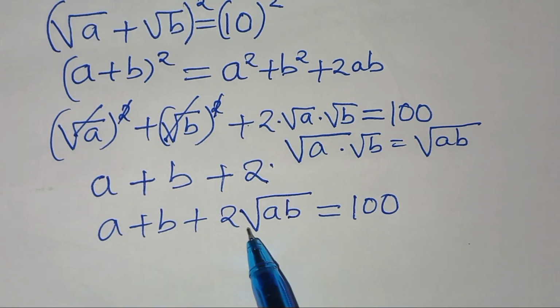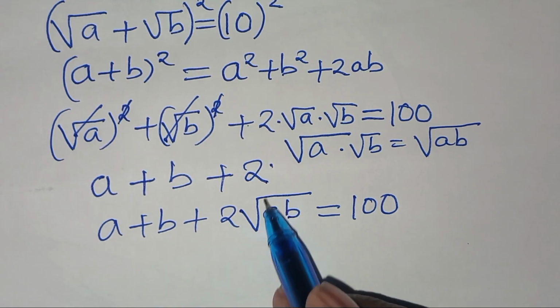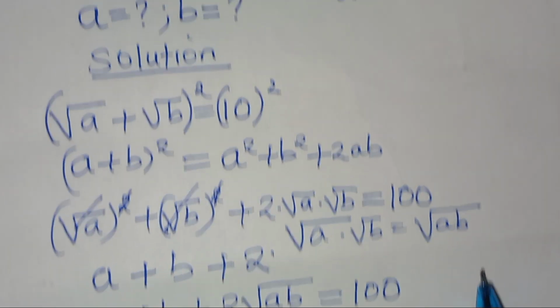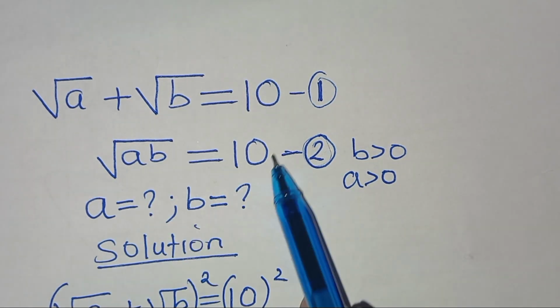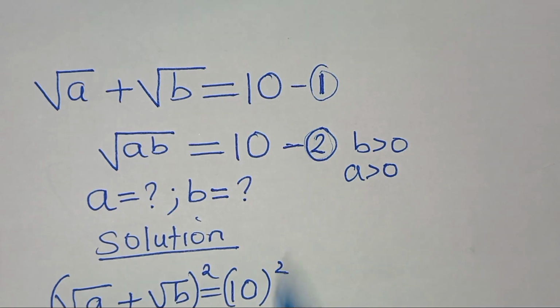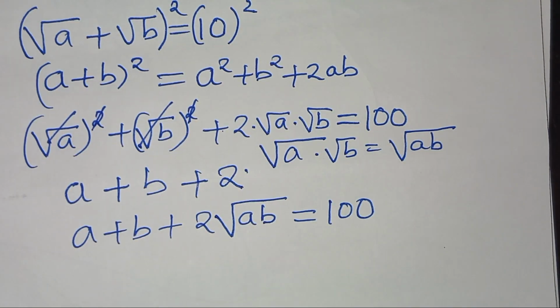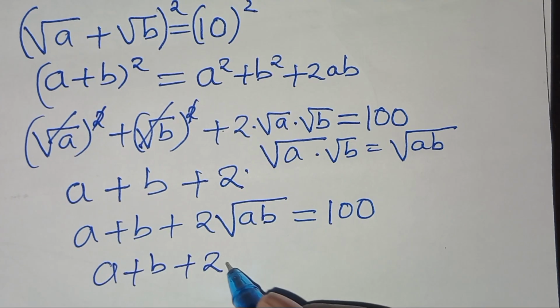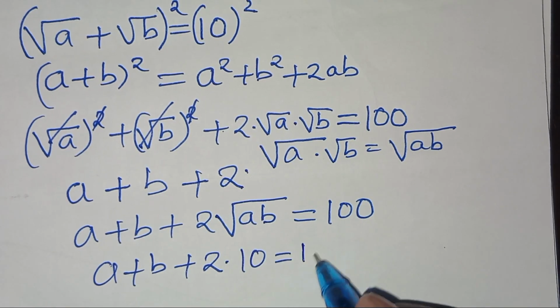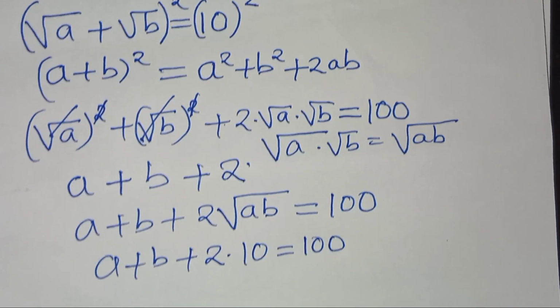The next step from here, we have that the square root of ab is actually equation 2. Equation 2 here, square root of a times b, is the same thing as 10. So let's substitute this. Here we have a plus b plus 2 times 10, which is equal to 100.